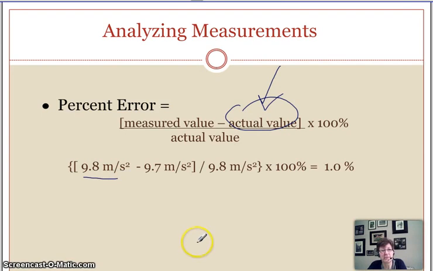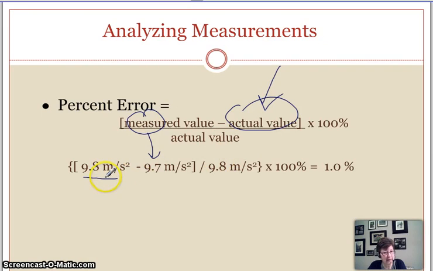If we had done a measurement and we measured a value of 9.7 meters per second squared, and we wanted to find the percent error between those 2 numbers, all you do is take the difference between the actual and the measured value, which is what I've done here, and then you divide that by the actual value.